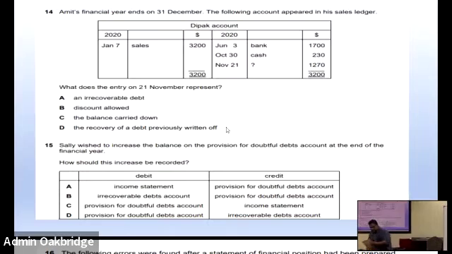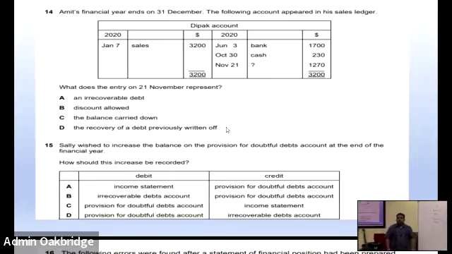Question 15. Sally wished to increase the balance on the provision for doubtful debts account at the end of the financial year. How should this increase be recorded? Anyone?